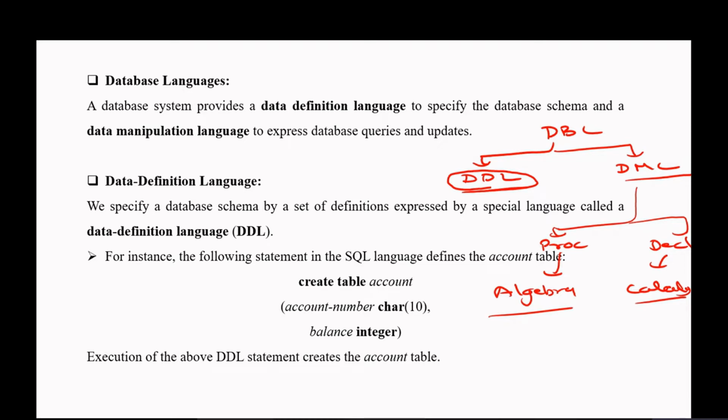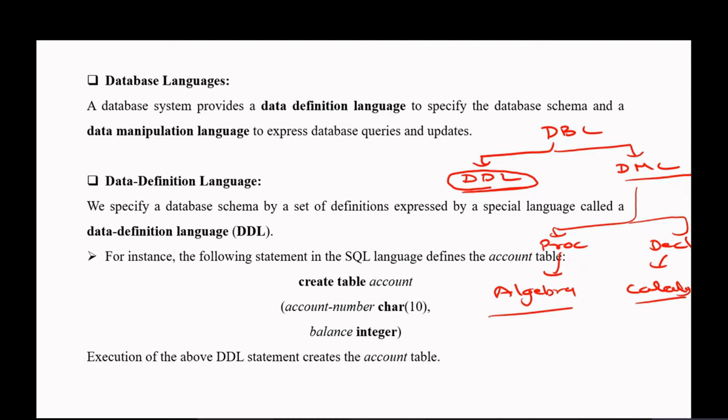Okay, so two broad categories, DDL and DML. DDL is used to specify the database schema. Schema means design. If you are writing code related to the design of the database, it means this code is related to the data definition language. For example, you are writing a query to create a table.